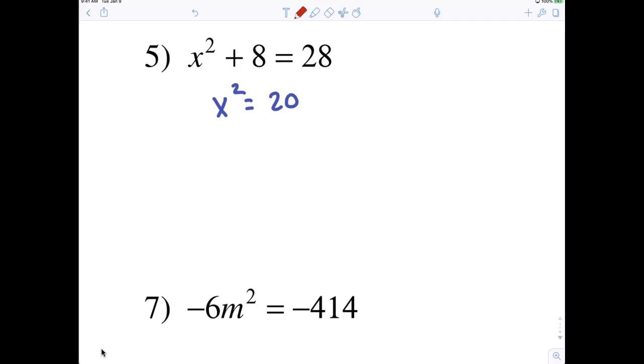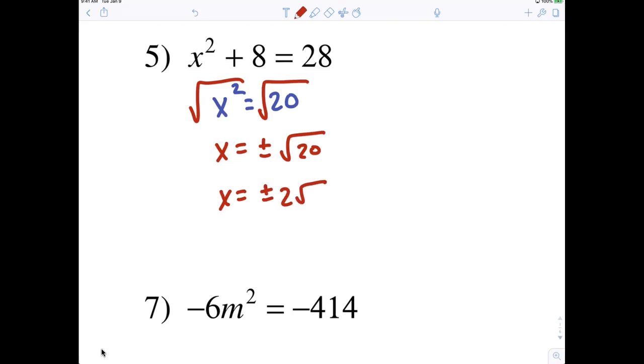That's correct. Take the square root of both sides. So x is equal to plus or minus the square root of 20. Break 20 down. What does that become? 4 times 5, so? Right. Plus or minus 2 radical 5. Is everybody okay with that?